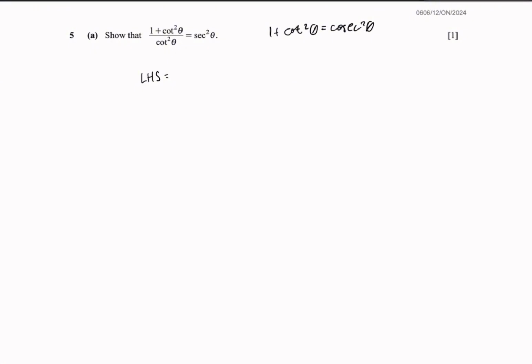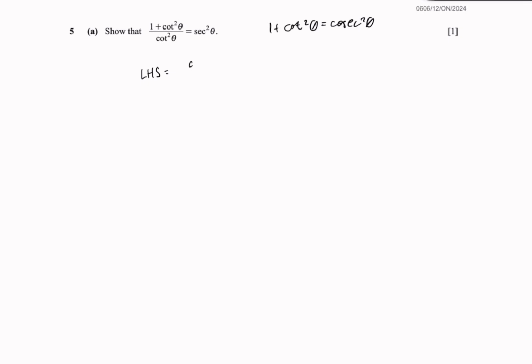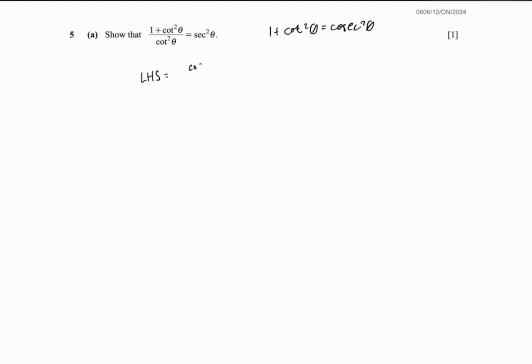And so we can change the numerator of the left-hand side into cosecant squared. Okay, so cosecant squared is equal to 1 over sine squared theta.